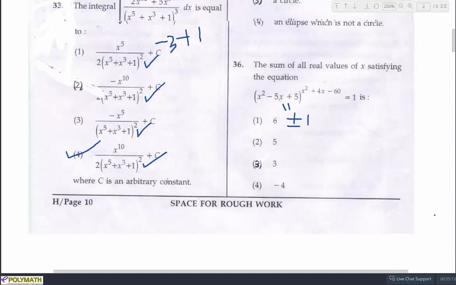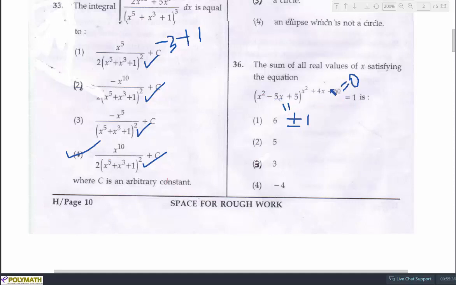And the power may become 0 also. Any base to the power 0 becomes 1.